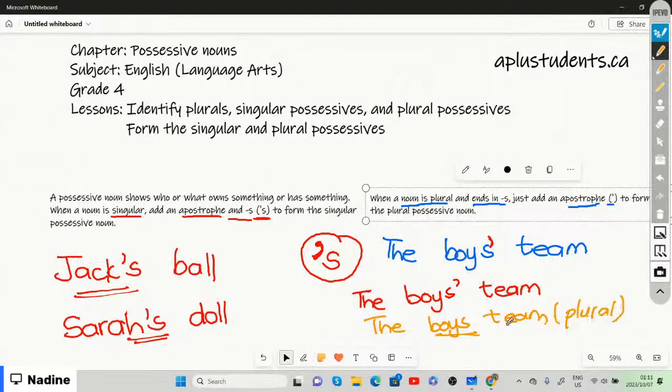You are now just referring to the boys being more than one boy, but you're not showing possession. Possession needs the apostrophe. We show possession by adding our apostrophe, and in the singular form, we add the apostrophe and the S.